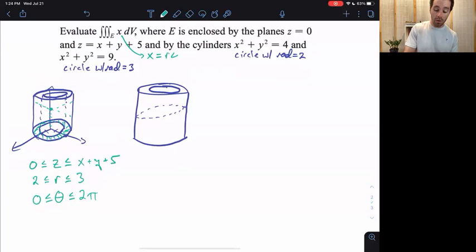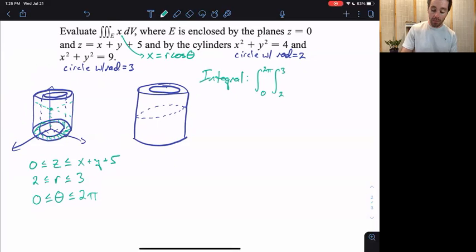So x is going to be r cosine theta, and then the integral will be, let me see, integral theta from 0 to 2 pi, r from 2 to 3, and z from 0 to x plus y plus 5, r cosine theta, r dr. Well, I'm going to switch the order of the differentials because I'm doing z first. So dz, and then dr, and then d theta.